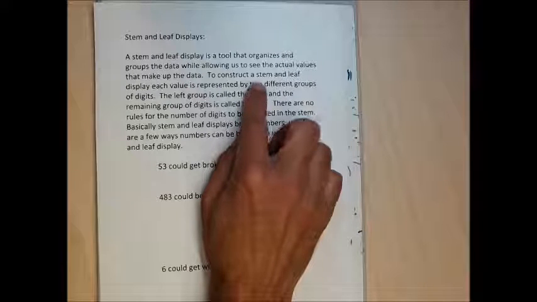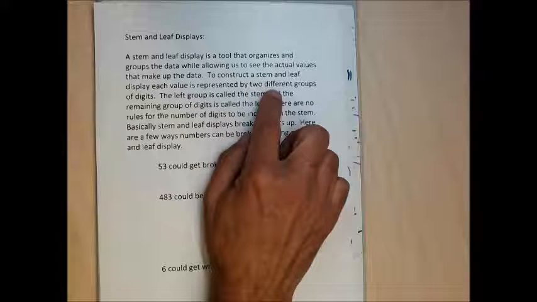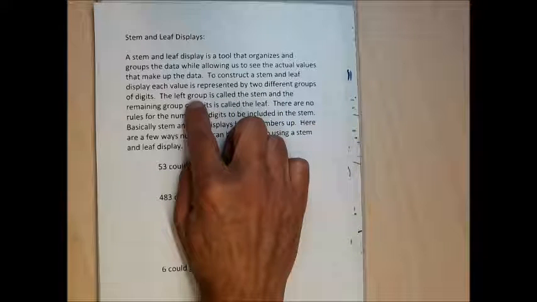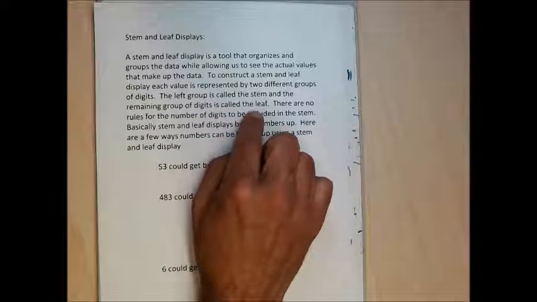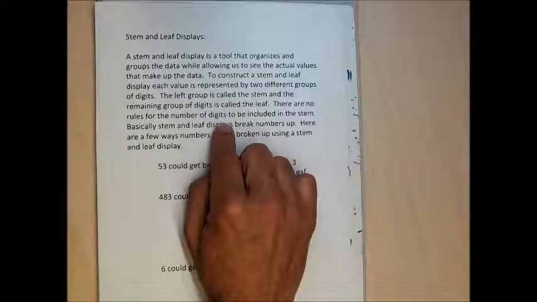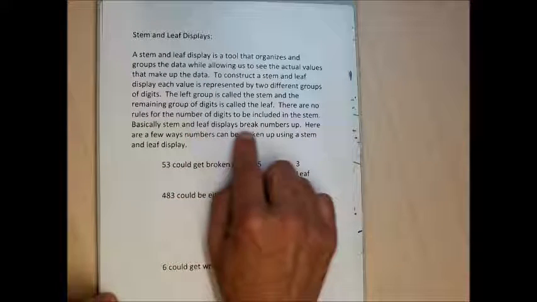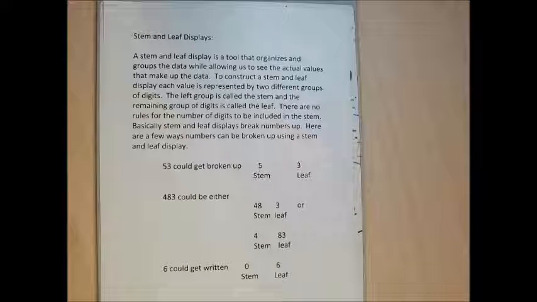And then to make a stem and leaf display from given data, you need to break the data up into 2 groups, a left group and a right group. The left group is called the stem, and the remaining group is called the leaf. There are no rules for the number of digits to be included in the stem. Basically, the stem and leaf display breaks the numbers up into two parts, and let me just explain how that can go.